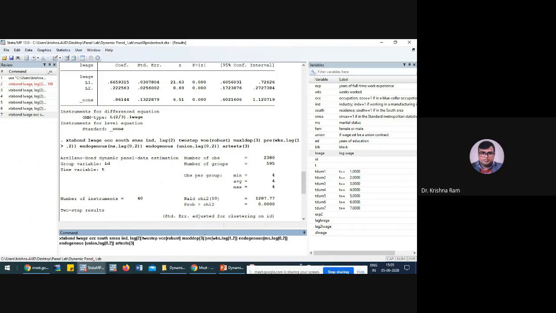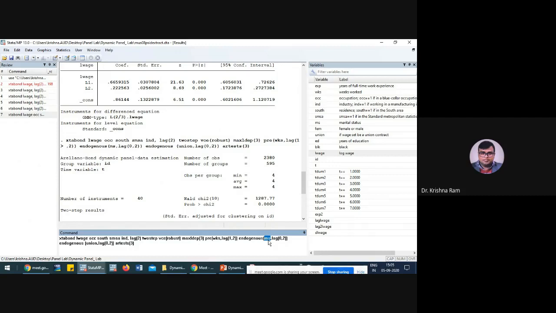Now we come to the predetermined explanatory variable here. And the next two are endogenous variables. In the case of an endogenous variable, we know the explanatory variable is related with the error term. Since we are working with a panel data set, here you can see MS is an endogenous variable.